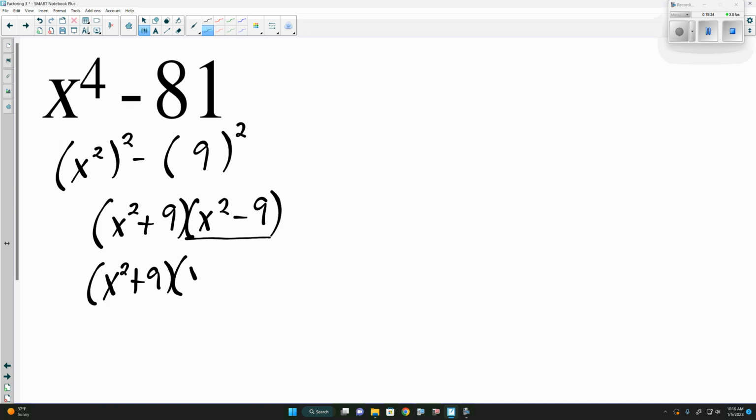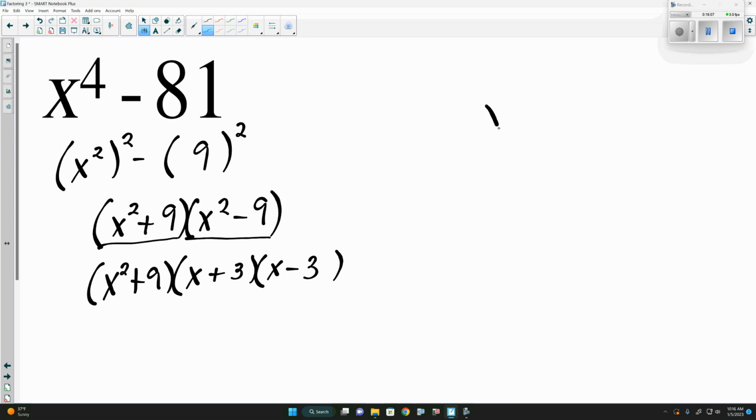Because x is our a, we'd have plus and minus, and the other number would be 3. This one doesn't factor, because it has to be a difference of perfect squares. That's why we can factor it this way, with plus and minus 3. It has to be minus.